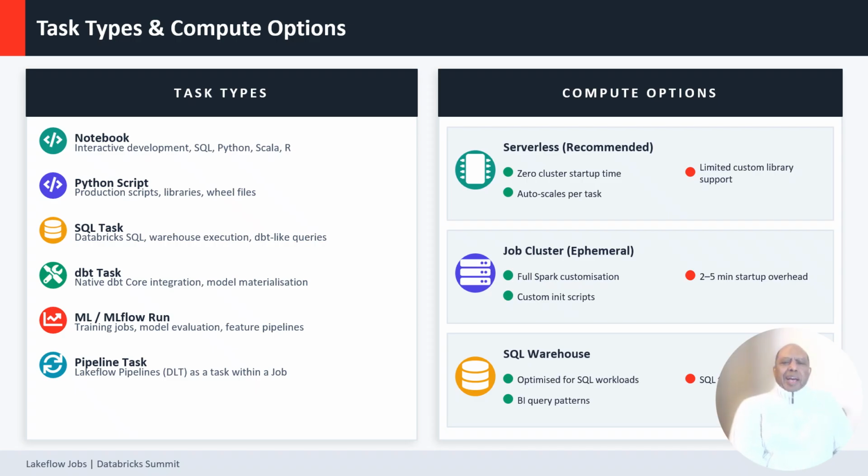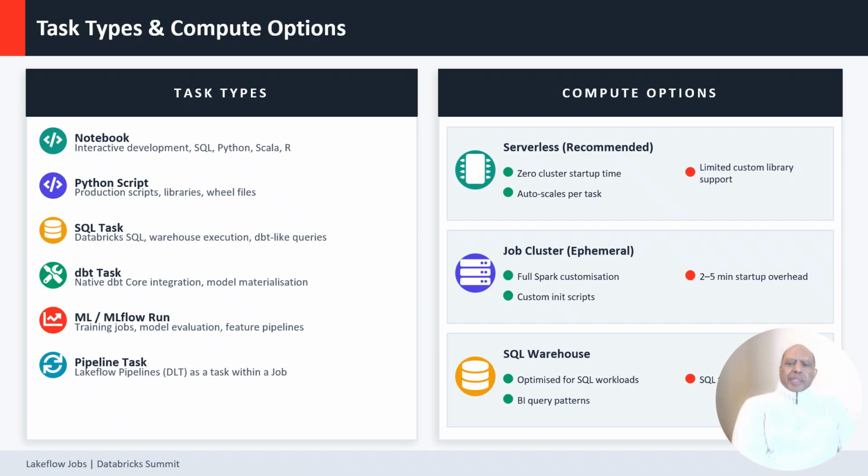The key insight here is that Lakeflow Jobs does not force you to standardize on one task type. You can mix and match within a single job. So your ingestion task might be a Python script, your transformation might be SQL, and your machine learning query might be in a notebook. That flexibility is a big deal.